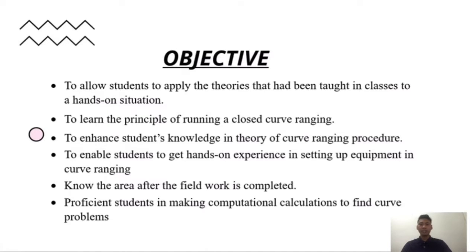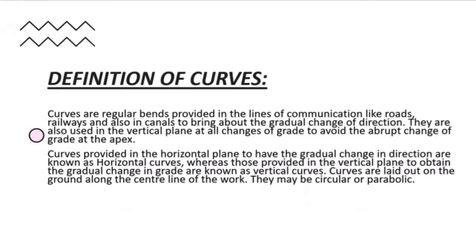And number four, to enable students to get experience in setting up equipment in curve ranging. Number five, to know the area after the field work is complete. The last one is to make students proficient in making conclusions to find curve problems.